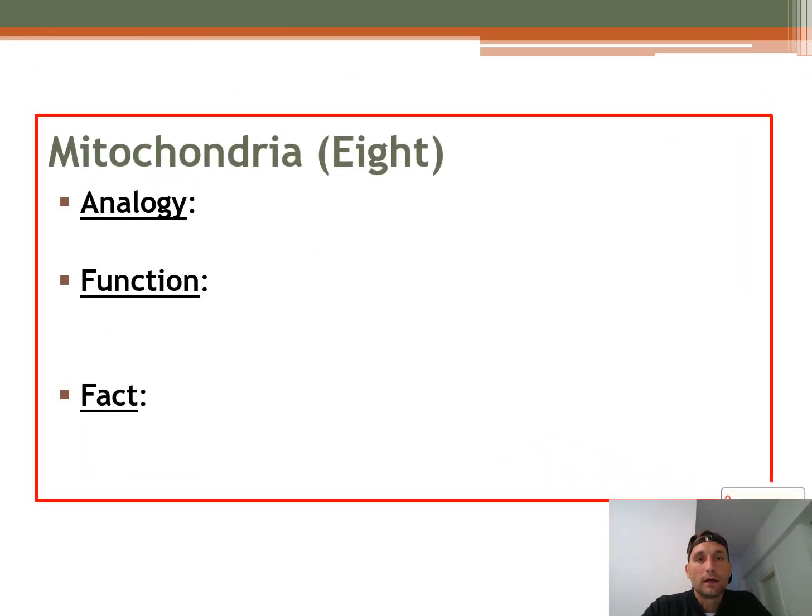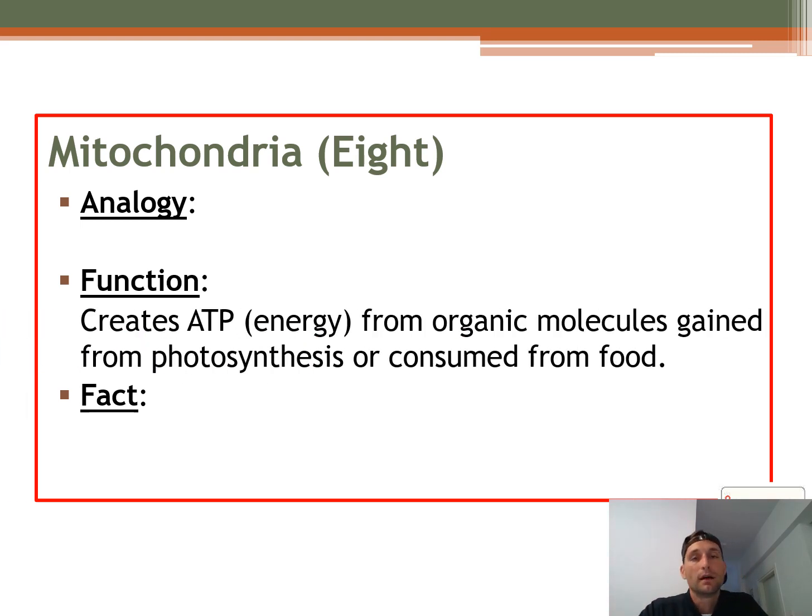Our next organelle is the mitochondria, and this is another membrane-bound organelle. The mitochondria is the powerhouse of the cell. You might have heard that before. I feel like that's something a lot of people hear. It creates ATP from organic molecules gained from photosynthesis or consumed from food. So for animal cells, obviously, animals eat. We are consumers.